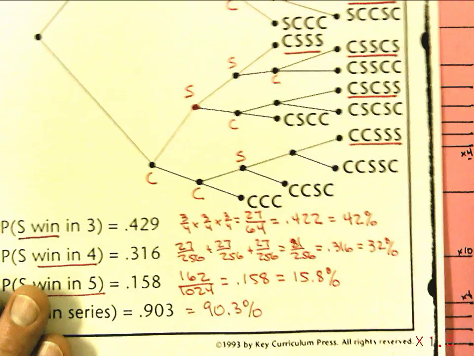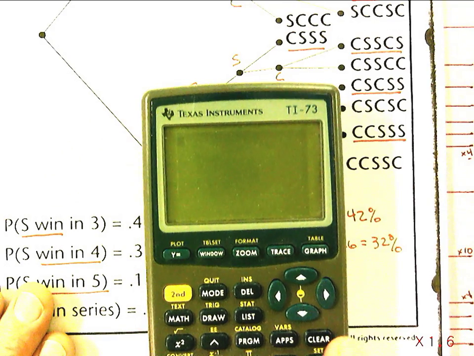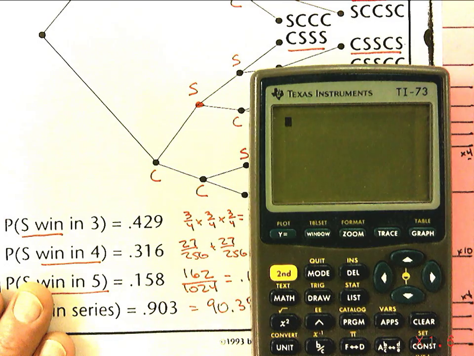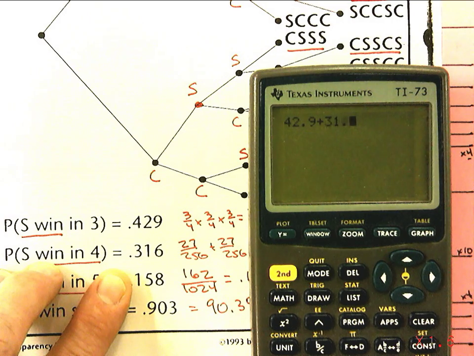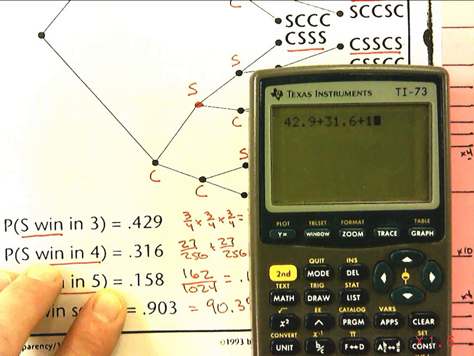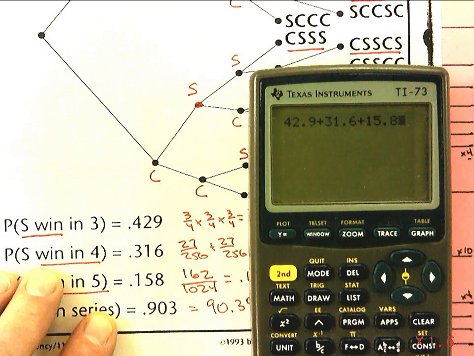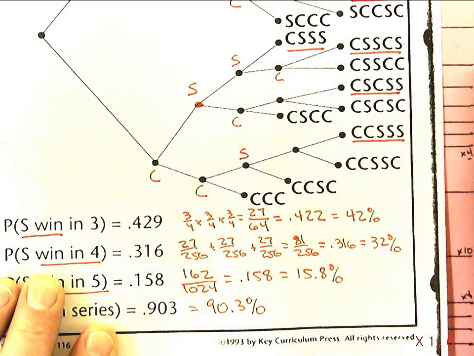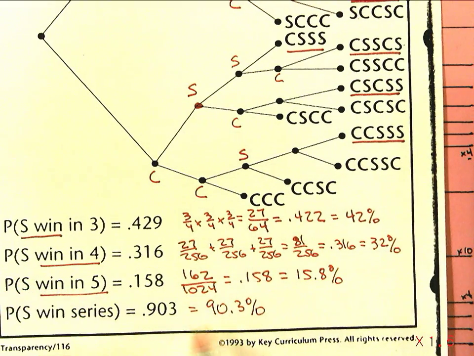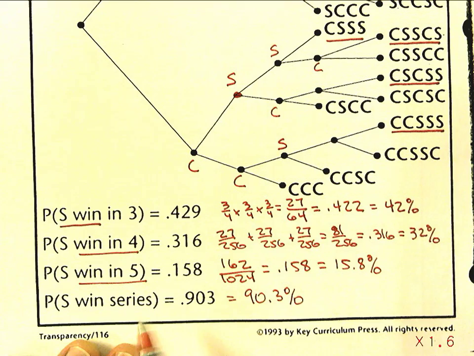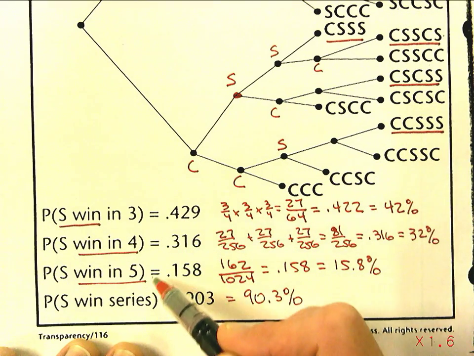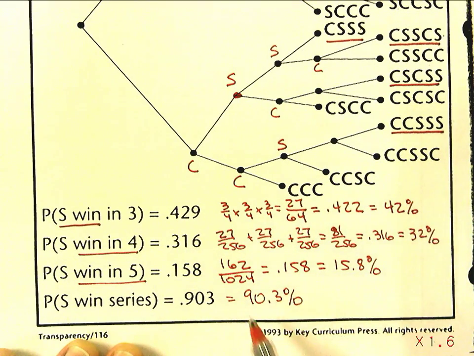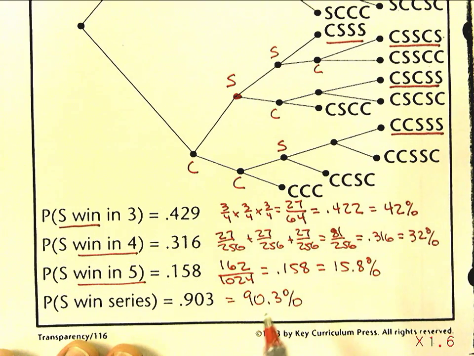So if I just take those numbers, 42.9% plus 31.6% plus 15.8% should equal 90.3%. So each of these adds up to the probability of a 90% chance that they will win the series, because they can win in any one of these different ways. All of these added up together give them the greater probability of winning.